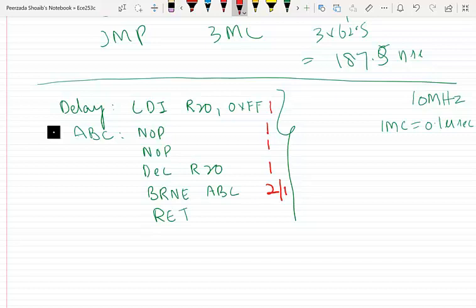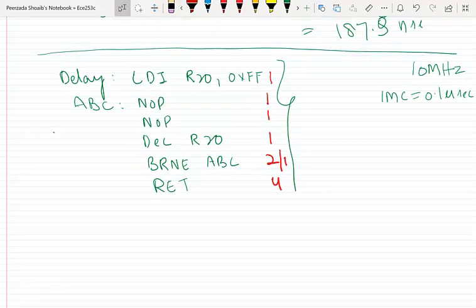And the return takes 4 machine cycles, because it has to load values back from the stack into the program counter. That's why call and return both take 4 machine cycles to execute.